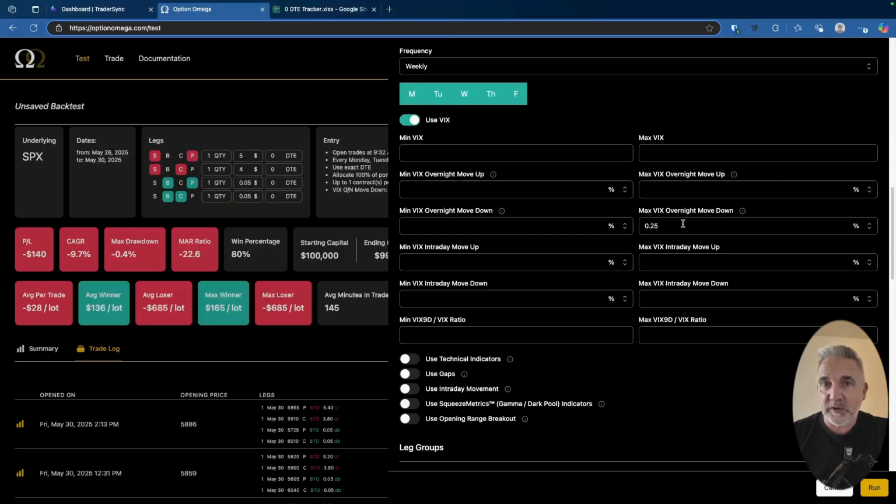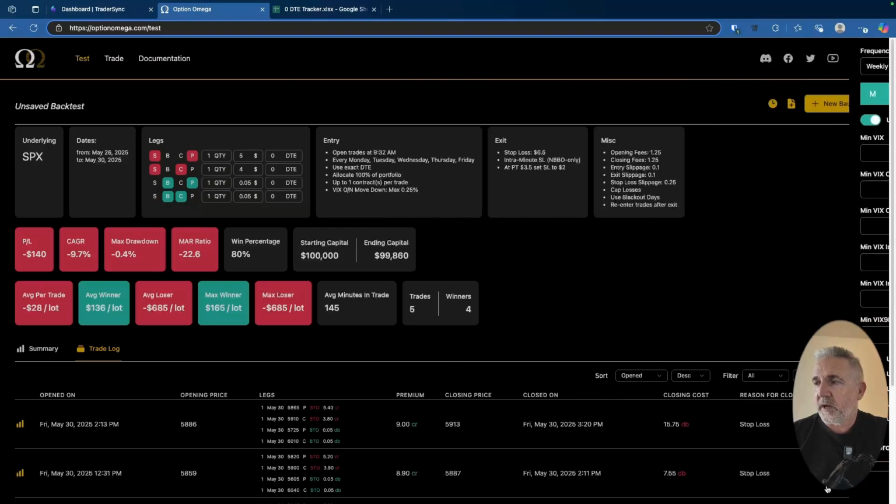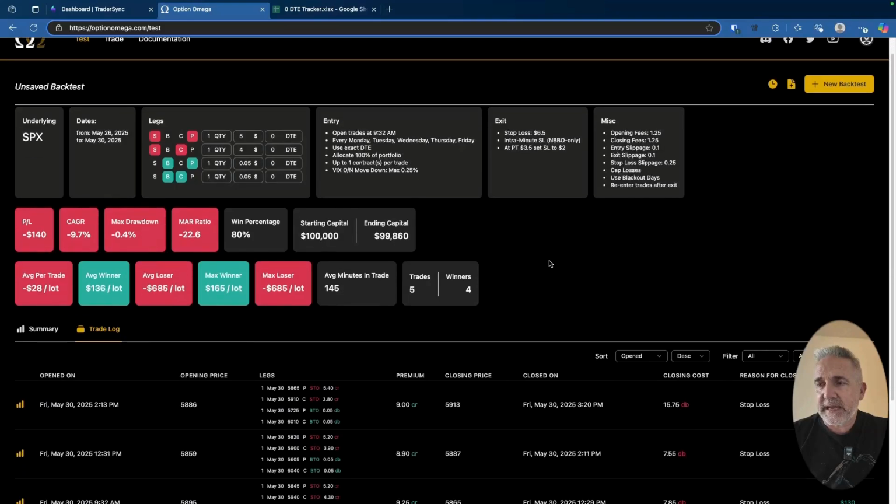If it's more than 0.25%, then it will not enter into this trade. So for whatever reason, Options Omega, the backtester, did not see that condition, or it saw a condition where it should not fire off the trade, where my trading bot did. So that's something that I'll have to watch and pay close attention to.